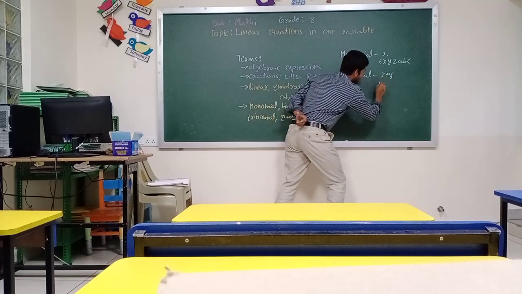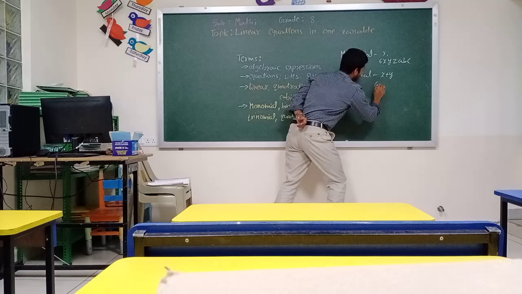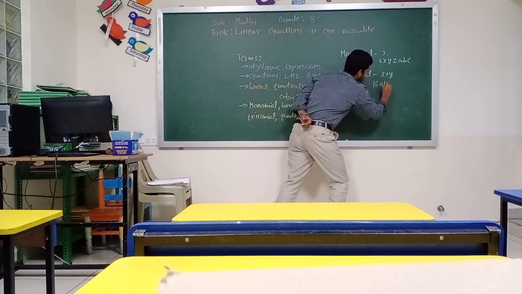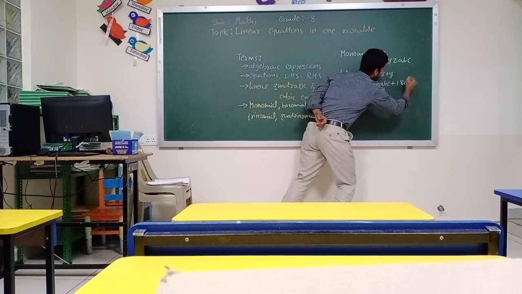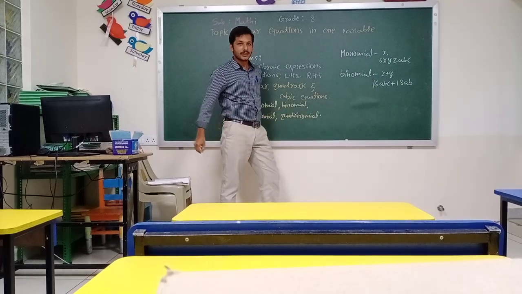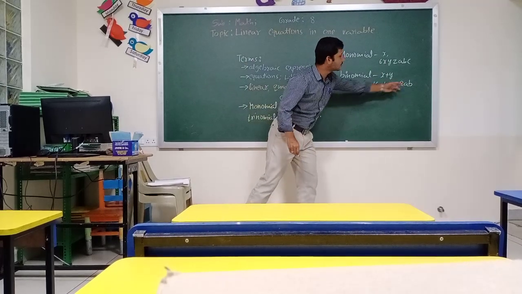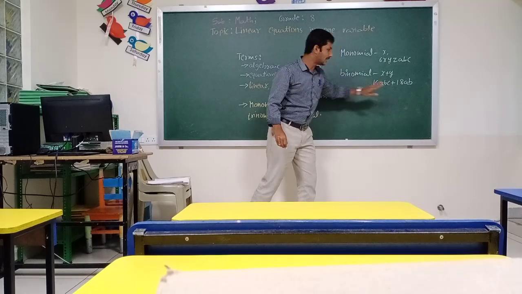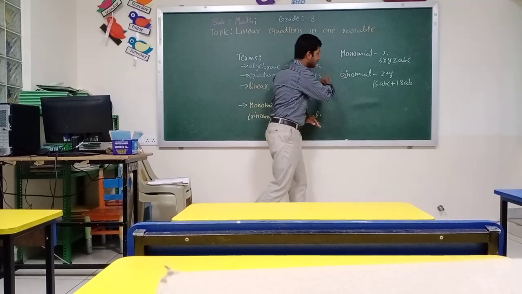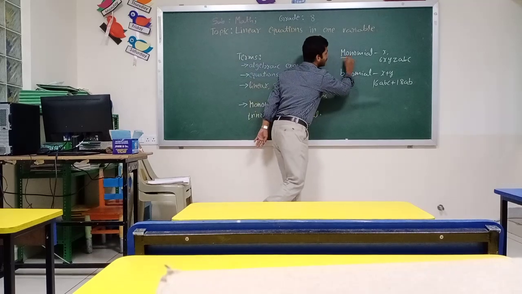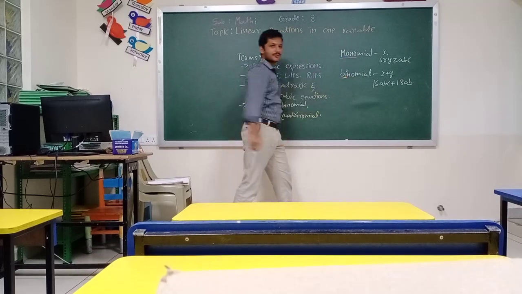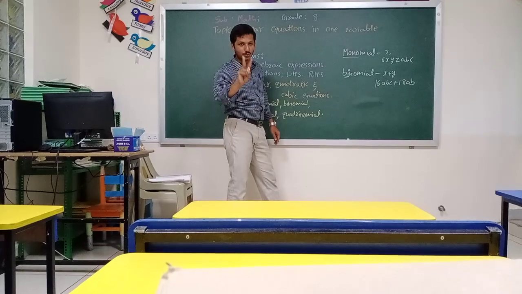Let me give you one more example: 16abc plus 18ab. Even it has two terms, because of which we call it binomial. Mono stands for 1, bi stands for 2.